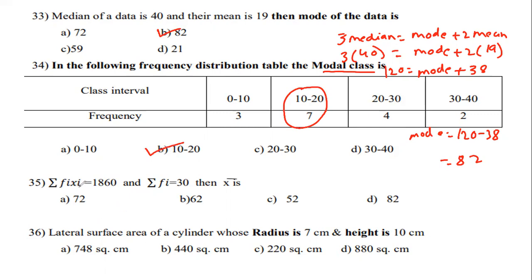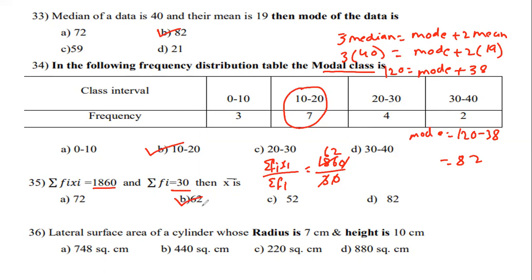Sigma fi xi is given as 1860 and sigma fi is 30, then x bar is sigma fi xi divided by sigma fi, which is 1860 divided by 30. Zeros get cancelled. 3 sixes are 18, 3 twos are 6. Which option is right? Option B is correct.